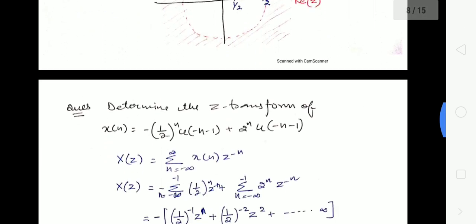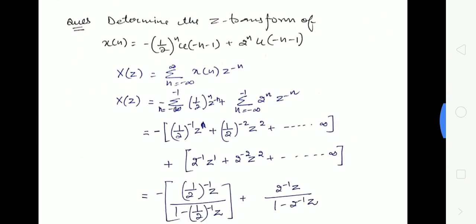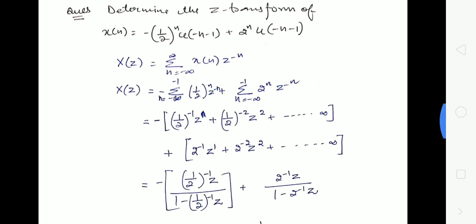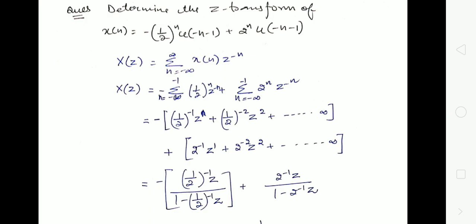Now we will see the same problem for a left sided sequence. Now the problem is determine the Z transform of x[n] is equal to minus (1/2) raised to the power n u[minus n minus 1] plus 2 raised to the power n u[minus n minus 1]. Here we can see that this is a left sided sequence.